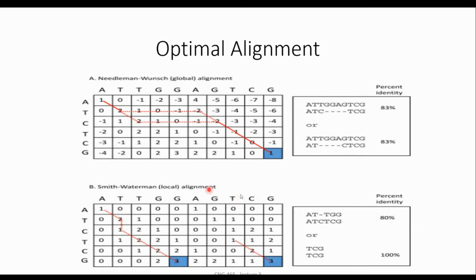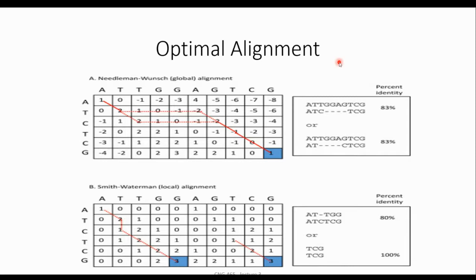But don't eliminate the chance that you can use local alignment in order to find homologous genes. It may sound not right, but this is possible. So by just looking at these two tables and comparing them, you can better understand what the differences are between local and global alignments.